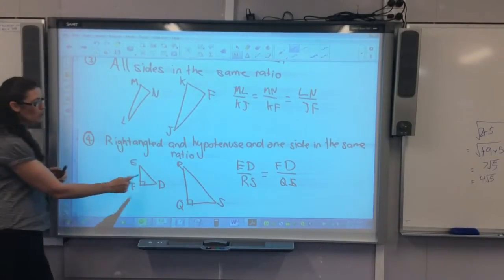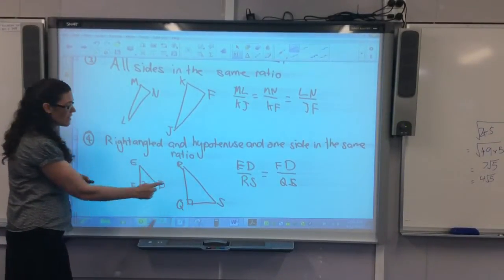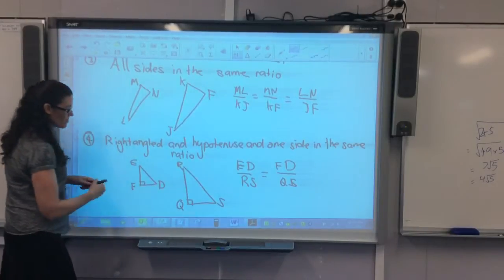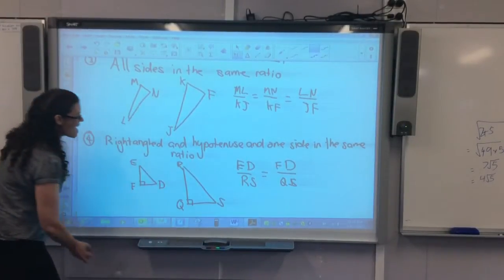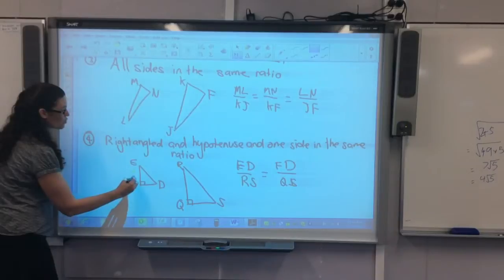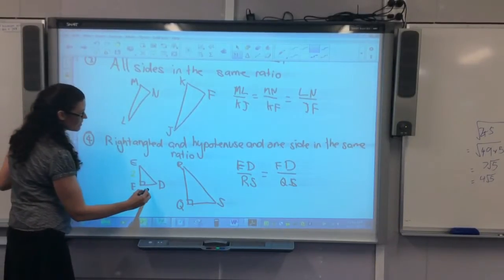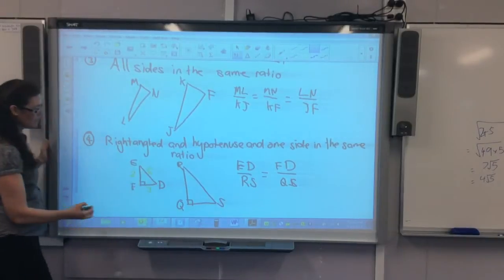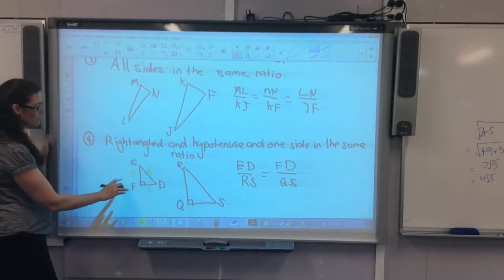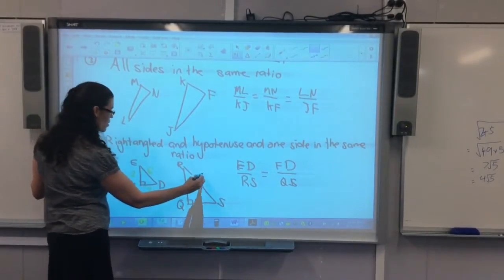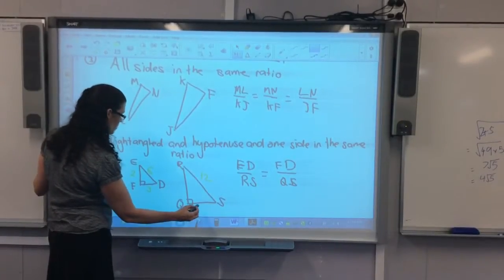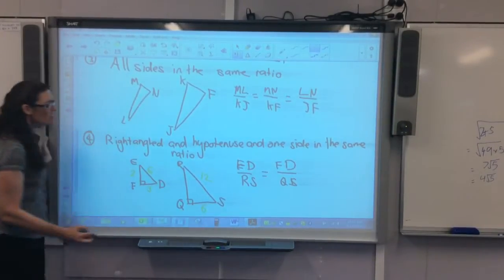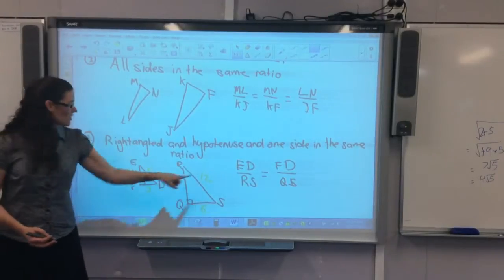So if I knew that this one was twice as big, and I knew these ones were in ratio, so let's put some numbers on there. Say I had a 2 there, a 3 there, and a 6 there. That's not actually true, but let's pretend it is. And then this one was 12, and this one 9. So can we see that these are clearly doubled?